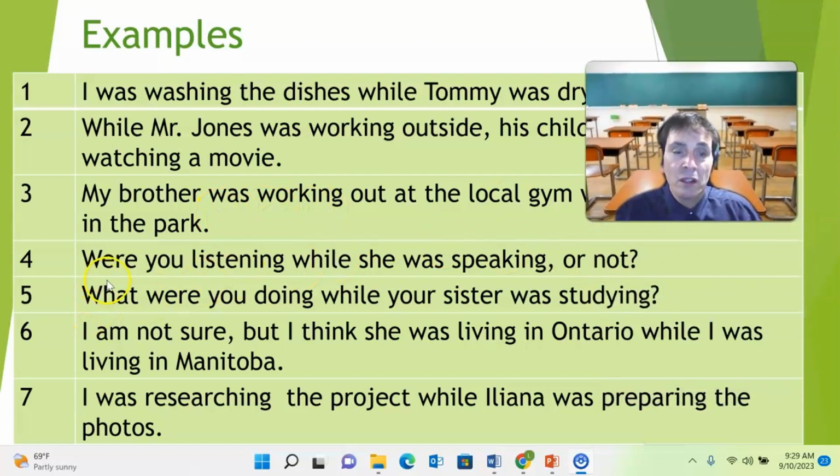And here's a question: were you listening while she was speaking or not? What were you doing while your sister was studying? So here we have two question examples. I am not sure, but I think she was living in Ontario while I was living in Manitoba. And number 7, I was researching the project while Ileana was preparing the photos.